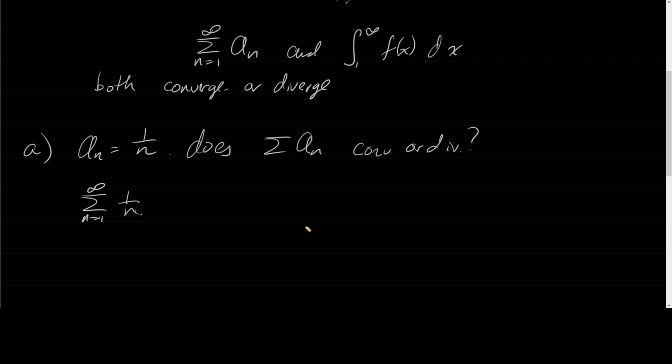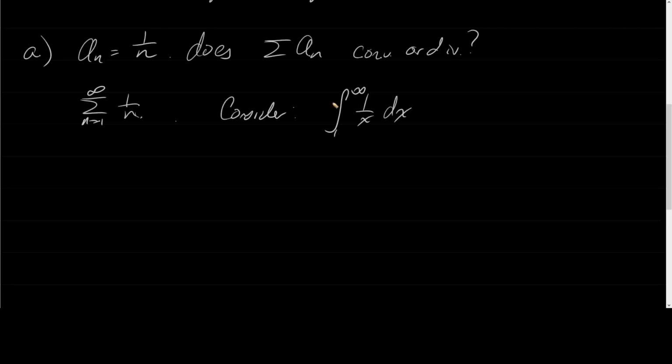Well, we can consider the integral of 1 over x from 1 to infinity dx, right? But this is an improper integral, so this becomes the limit as b goes to infinity of the integral from 1 to b of 1 over x dx.